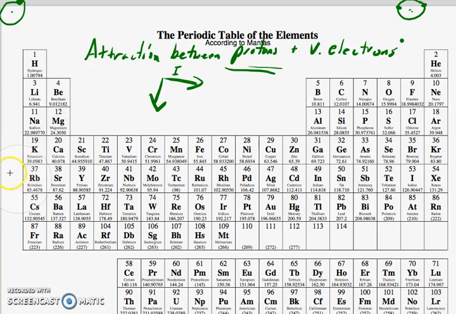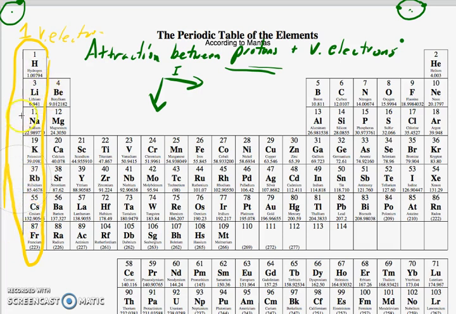So just to make sure we understand this whole column, they're all going to be S1s. Okay, so this whole column has one valence electron. And the only difference is we're adding inner electrons as we go down.